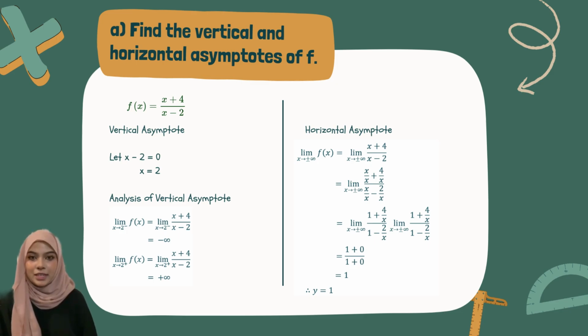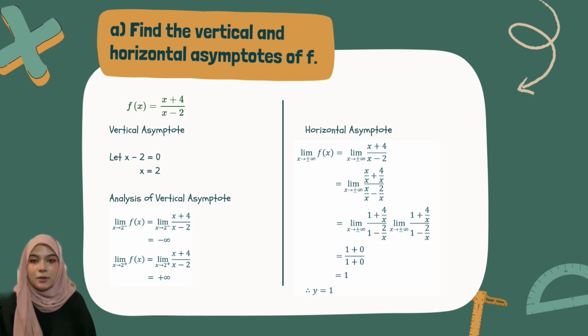So, to find the vertical asymptote, first you need to take the denominator equal to 0 from the f(x) and find the x. If you look right here, the denominator is x minus 2. So, let x minus 2 equal 0. Move the negative 2 to the right side, and we will get x equals 2.